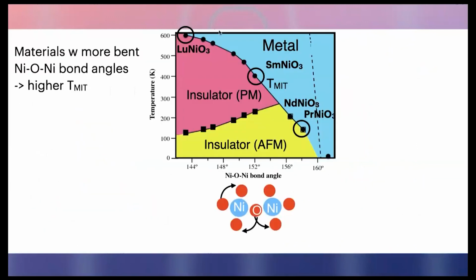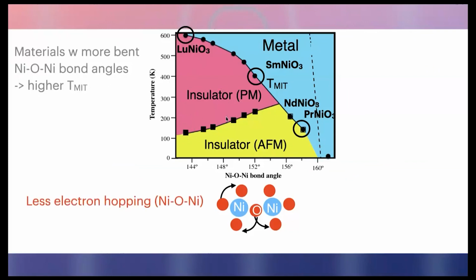Okay. So what can you actually say following this methodology? And I should mention this methodology can be applied with DFT plus DMFT, but it can be DFT plus U. It can be a wide variety of methodologies. One of the things that's kind of interesting then is if you look at the rare earth nickelates, you see that you change the rare earth, you change the nickel-oxygen-nickel bond angle, right? So, and the more bent, the higher the MIT temperature.